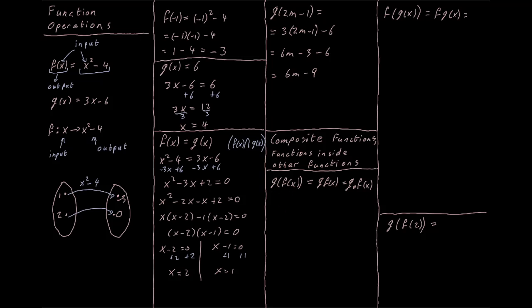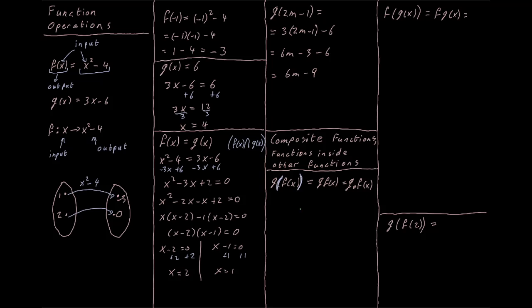What we're going to read here is we have g as the outer function, and inside the brackets of g, we have f of x.